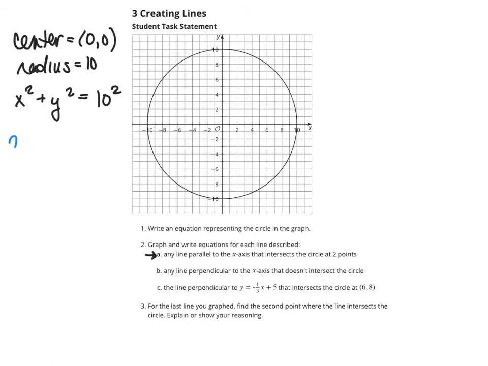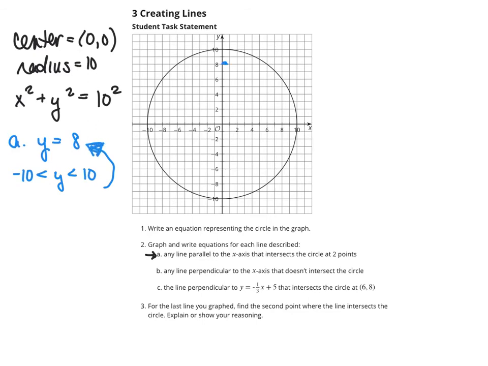So part A, I could say anything. Y equals any number as long as that number is between -10 and 10. All right, I can put any number from that range into y equals.